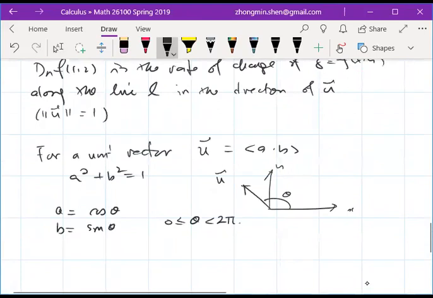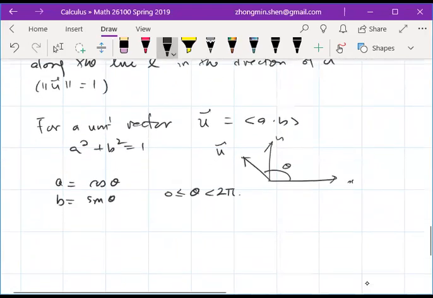There's a one-to-one correspondence between a unit vector and an angle. That comes from trigonometric geometry.